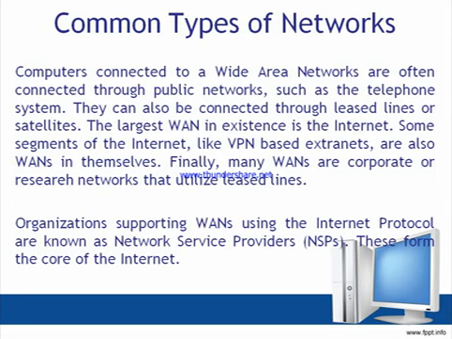Finally, many WANs are corporate or research networks that utilize leased lines. Organizations supporting WAN using the Internet Protocol are known as Network Service Providers or NSPs. These form the core of the Internet.